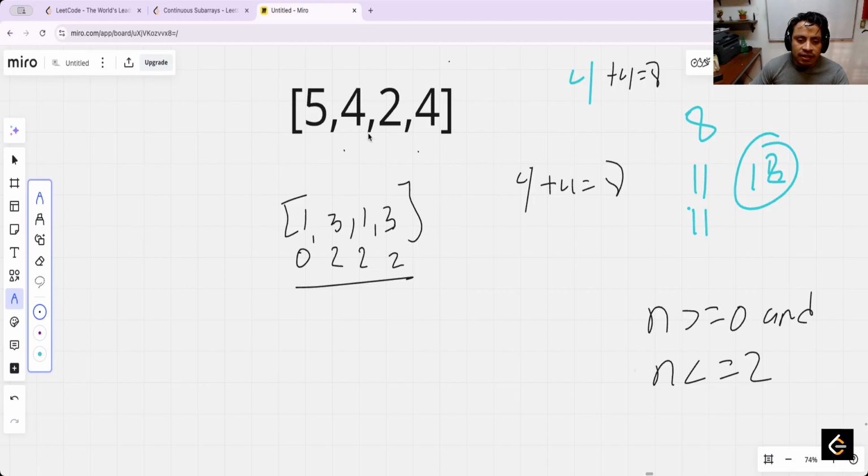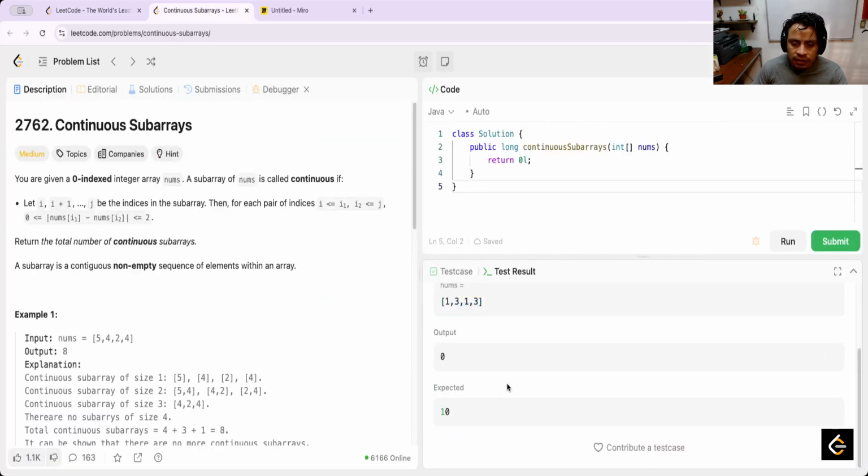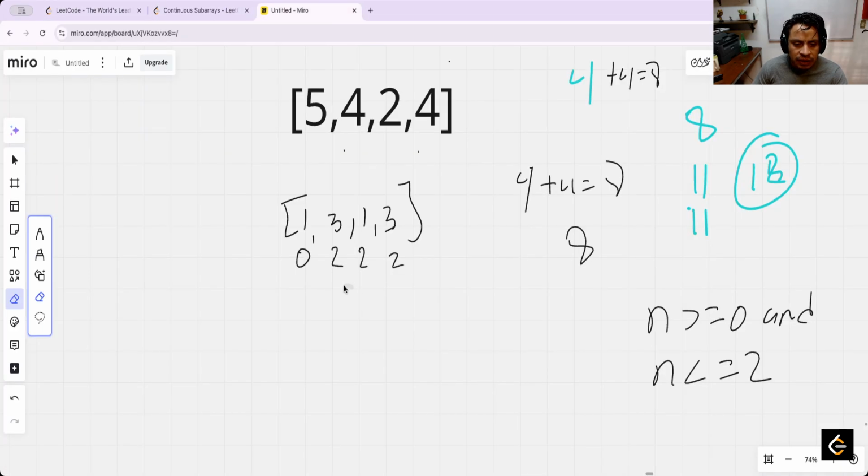Expected. Yeah, sure, I need to... it's 1 2 3 and 4, and 4 is 8.